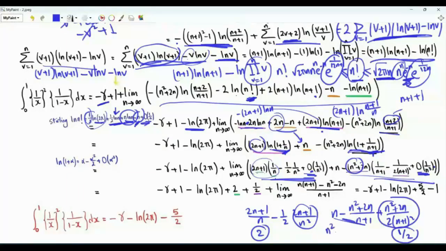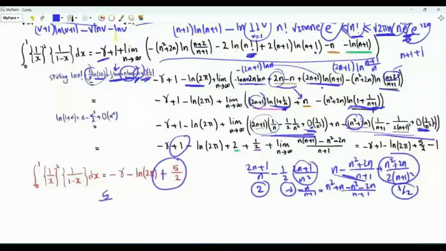And when they are combined, they give us (n squared plus n minus n squared minus 2n) over (n plus 1). This is minus n over (n plus 1). We get minus 1 when n tends to infinity. All in all, we get 2 minus 1, that's 1, plus 1/2, that's 3 over 2. 3 over 2 plus 1, that's 5 over 2. Our final result is 5 over 2 minus the Euler-Mascheroni constant minus the natural logarithm of 2 pi.